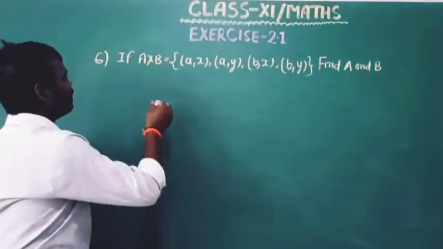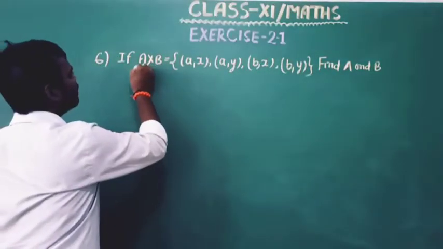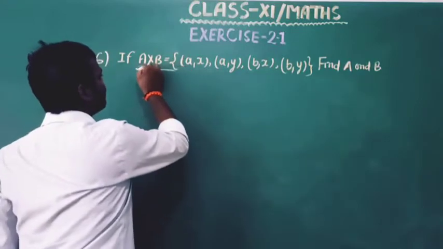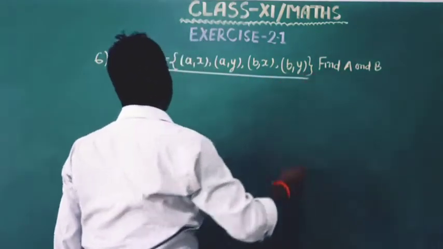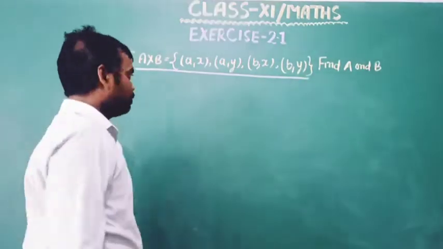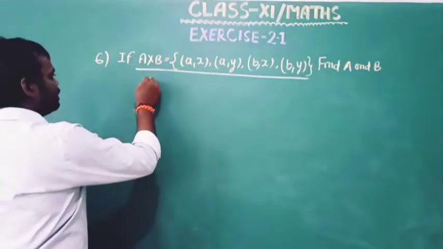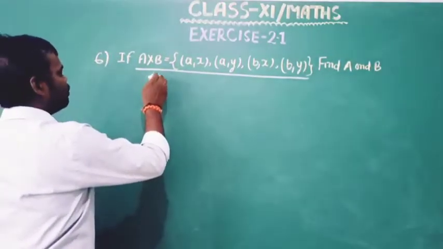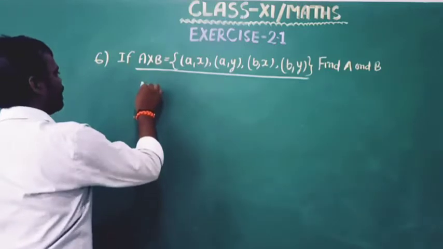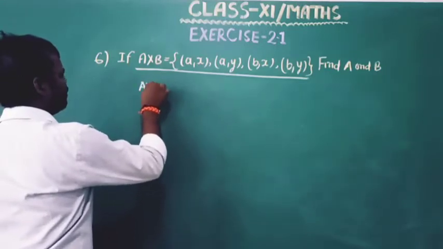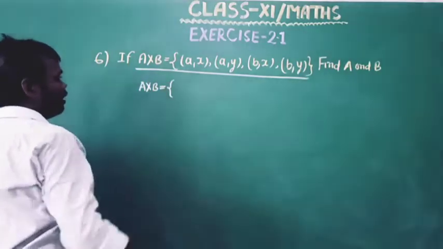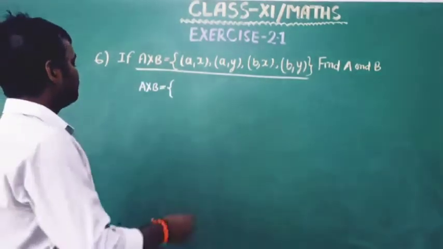We are given the Cartesian product of A cross B. As you know, what is the Cartesian product of two sets?